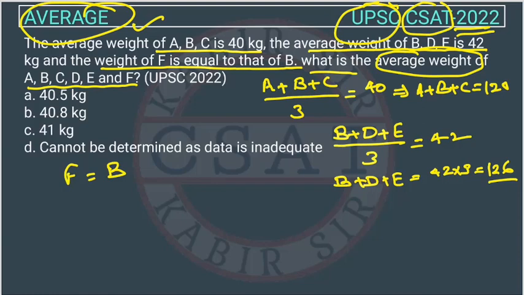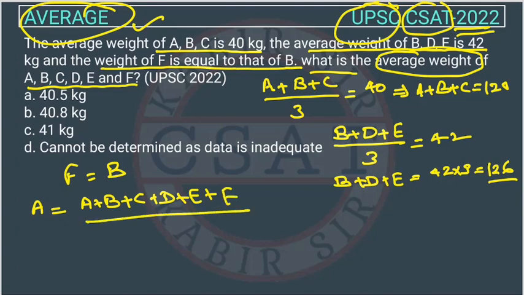So now the question is asking the average of all these items, A plus B plus C plus D plus E plus F, upon how many items? 6, right? A plus B plus C we know from this equation, so it will be 120.